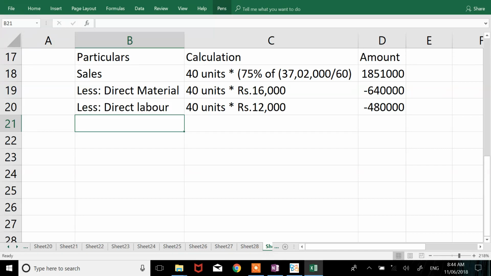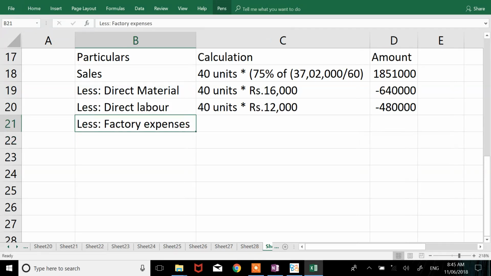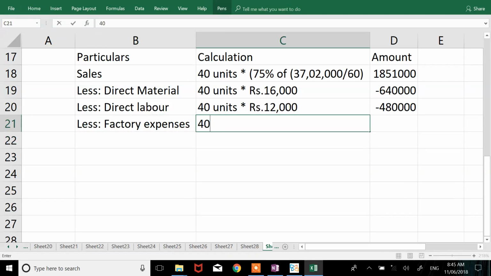Then we have factory expenses: 40 units into 2,400. It doesn't end there.